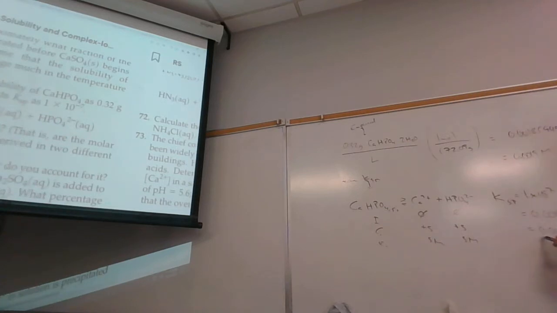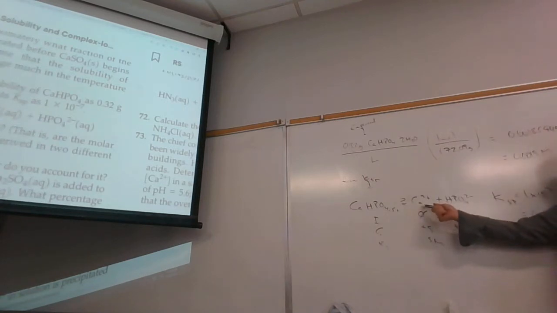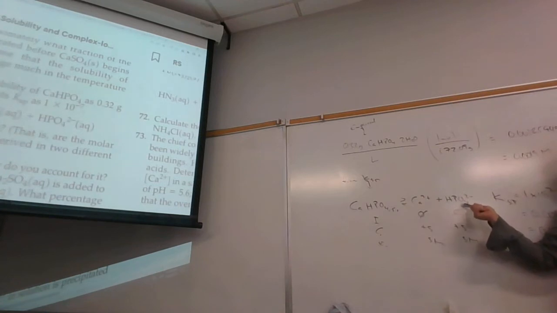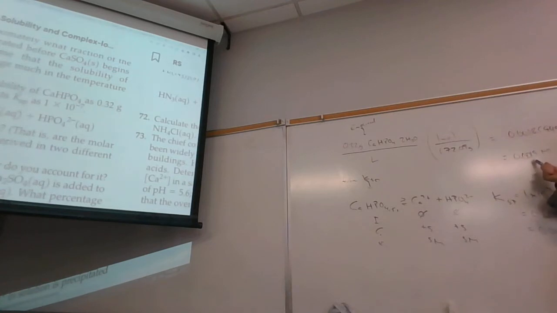This solubility that we calculated here, based on the KSP, KSP is determined by the free calcium and the free monohydrogen phosphate concentration. But if we look, the actual solubility is almost 10 times bigger.